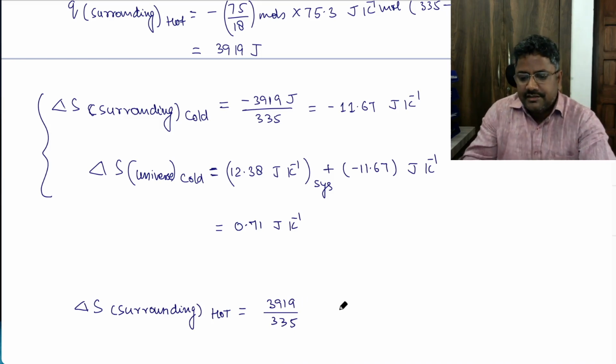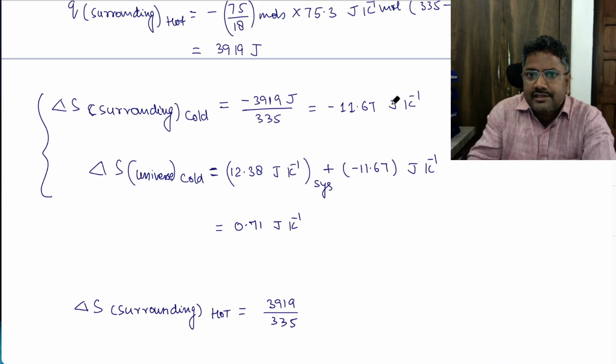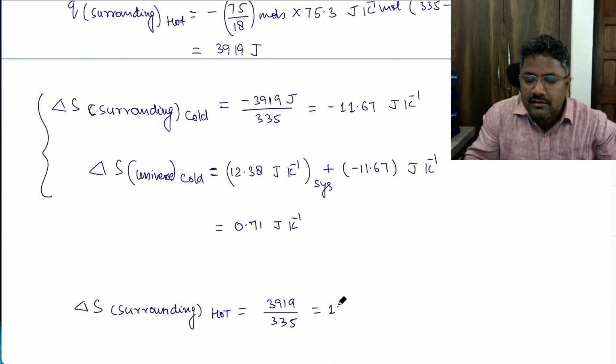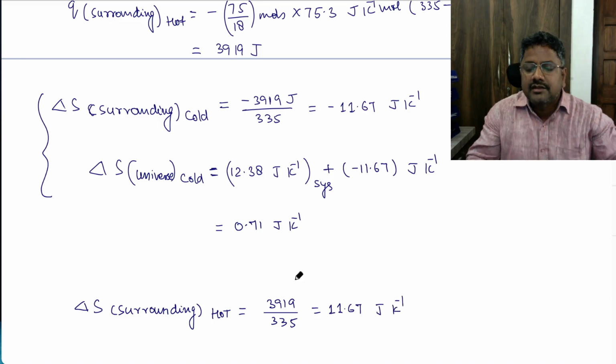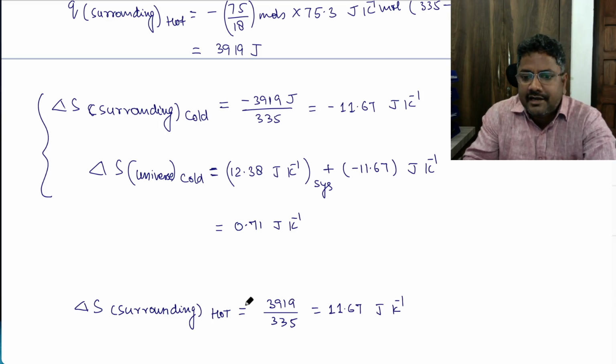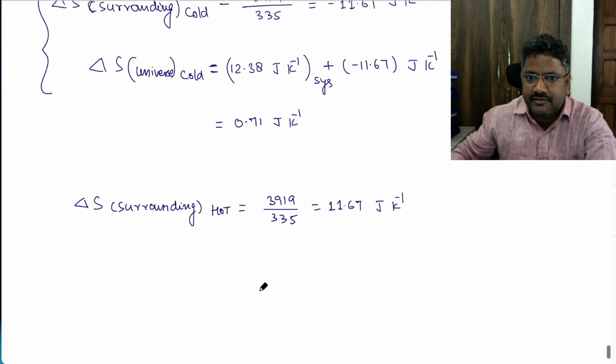So this is 11.67, the same, 11.67 joules per Kelvin. So this amount of heat energy is added to the surrounding, and this is the temperature of the surrounding. So this is the entropy change of the surrounding with respect to the hot system.